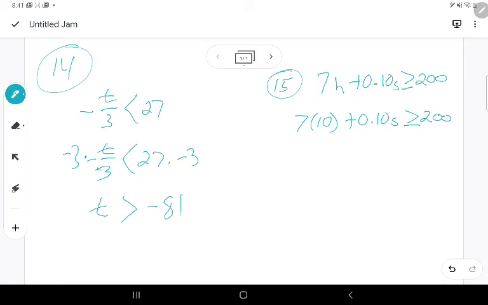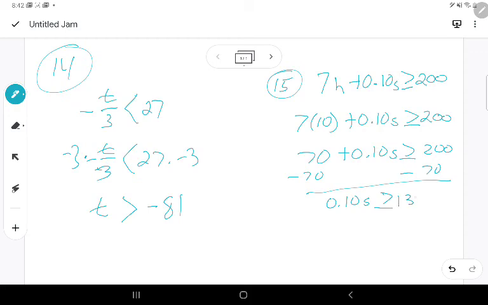Now, that's one of your choices on the multiple choice, but we still have to solve that. So 7 times 10 is 70, plus 0.10s is greater than or equal to 200. So then I would subtract 70 from both sides, and that gives me 0.10s is greater than or equal to 130.